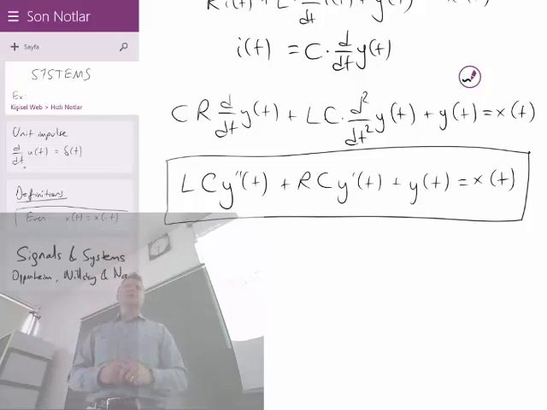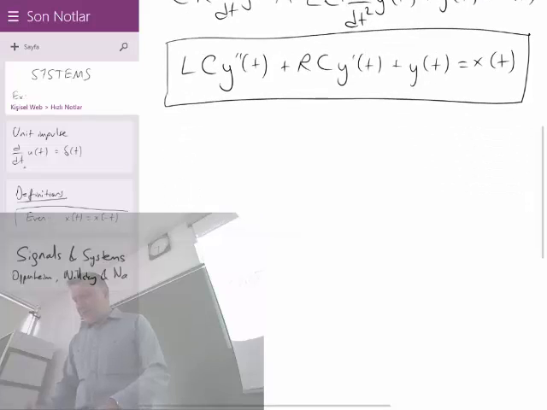A majority of the physical systems are linear. And furthermore, most of the physical systems are second order linear. So you will usually come up with a second order differential equation if you are solving a physical engineering problem. The dynamics of a physical phenomenon is usually a second order differential equation.